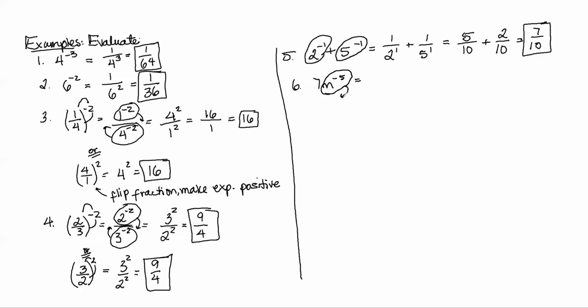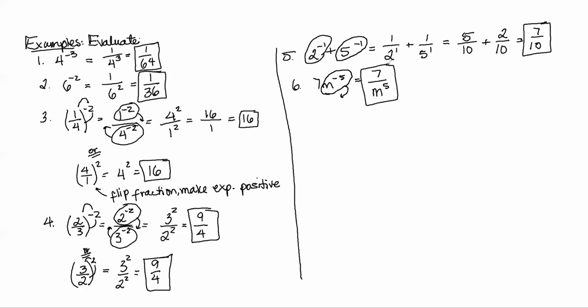But if you notice, the 7 and the m are being joined by multiplication. So it's not like up here where we had addition and we had to have two separate fractions. Because this is being joined by multiplication, the 7 is just going to stay on the top because we don't have to move it. And the m is going to move down to the bottom. So m to the +5th.